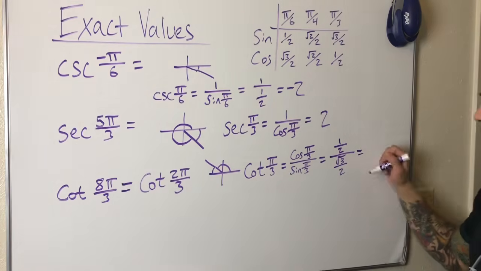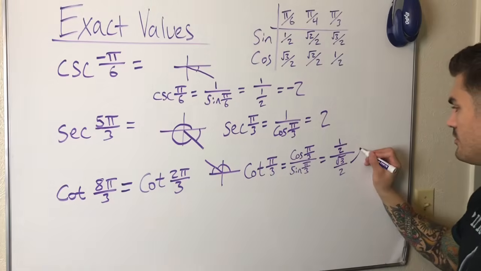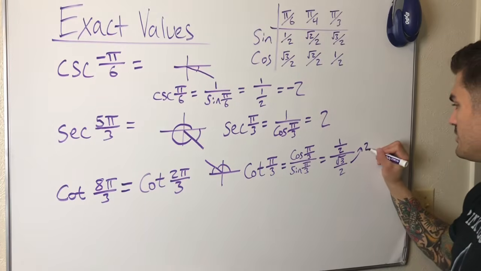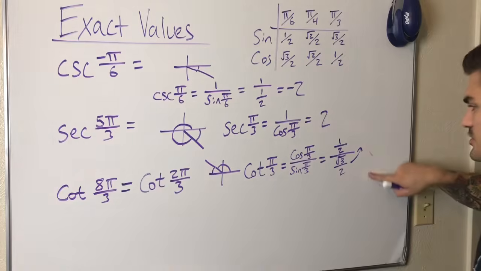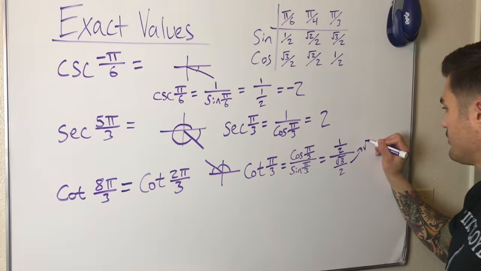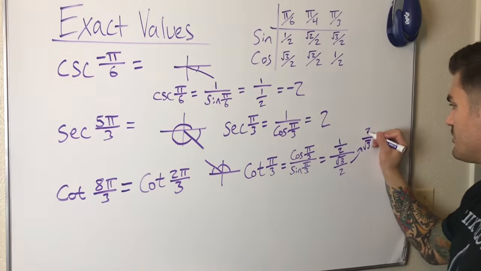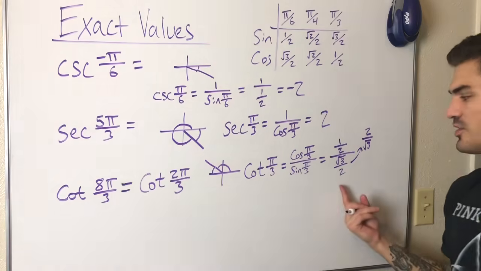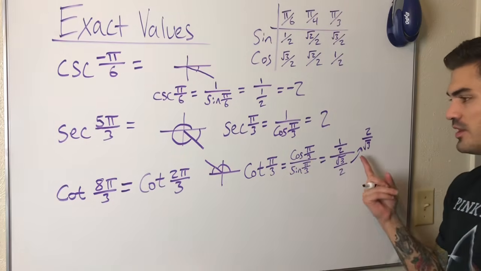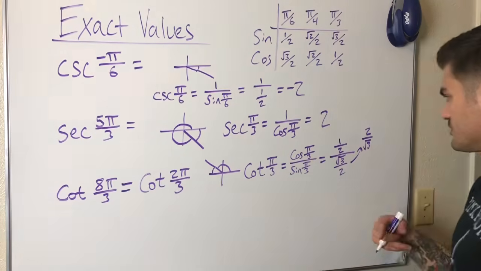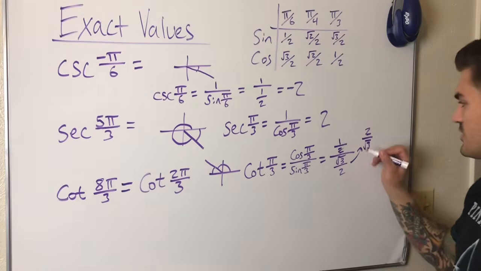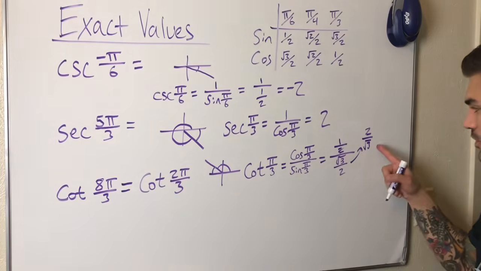And again, I can flip and multiply. I'm sorry, the 2 is on top. I have root 3 on the bottom, 2 on top. You could think of this also as multiplying top and bottom by 2 over root 3. That works as well. So again, my 2's cancel nicely. I have 1 over root 3.